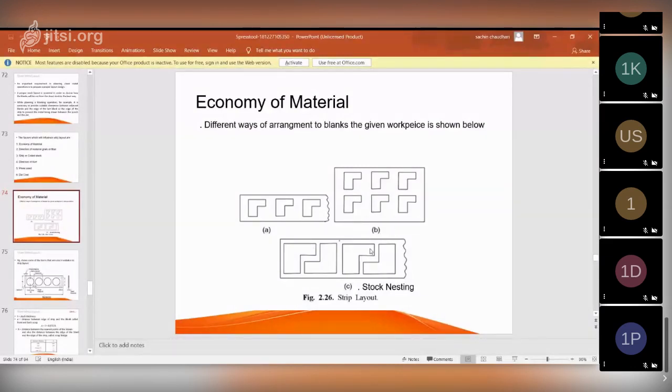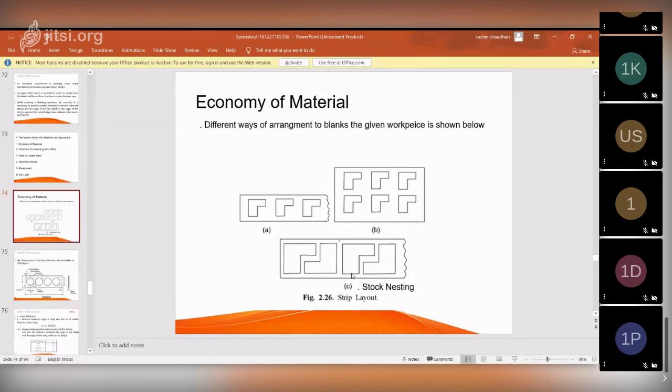Okay, so what is the advantage of this strip type of stock over the coiled stock? The scrap is getting minimum. Okay, so the percentage of scrap is minimum in the case of strip stock compared to coil stock.